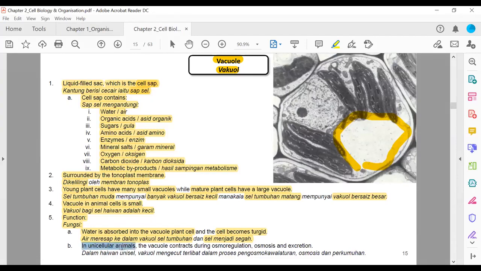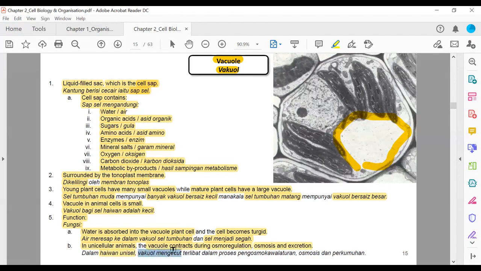In unicellular animals, contohnya amoeba, the vacuole contracts during osmoregulation, osmosis, and excretion. Dalam haiwan unicell, contohnya amoeba, you know what is amoeba, right?